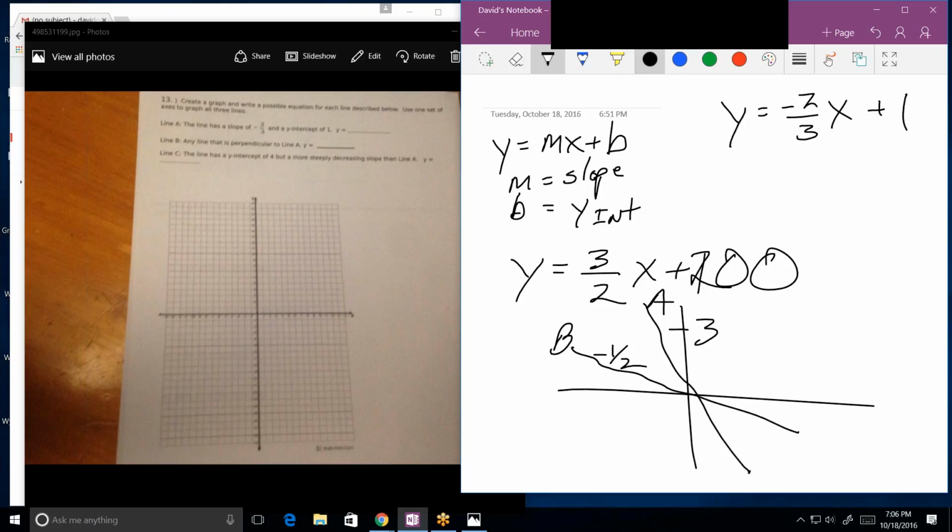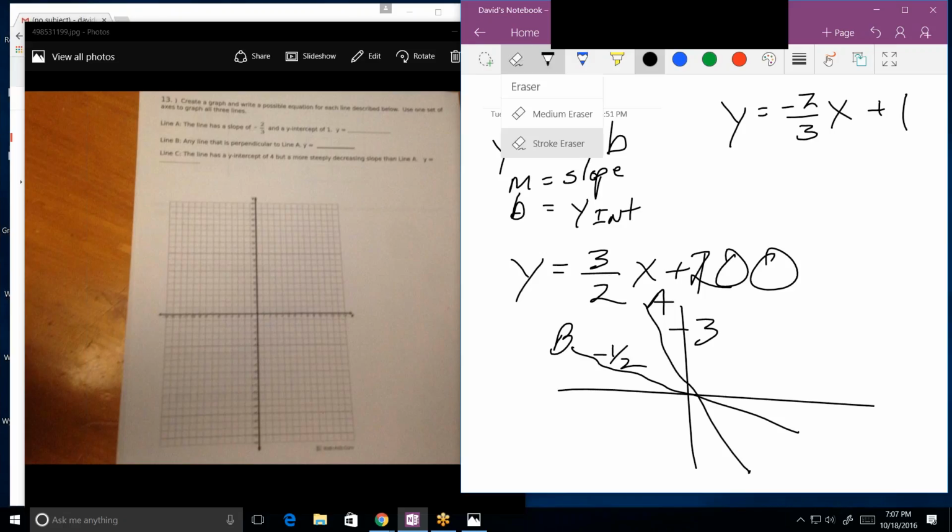Slopes that are greater than 1 are steeper. They're more vertical than a 45-degree line. Slopes that are between 0 and 1, like 1/2, are flatter. They're closer to a horizontal line. Okay?